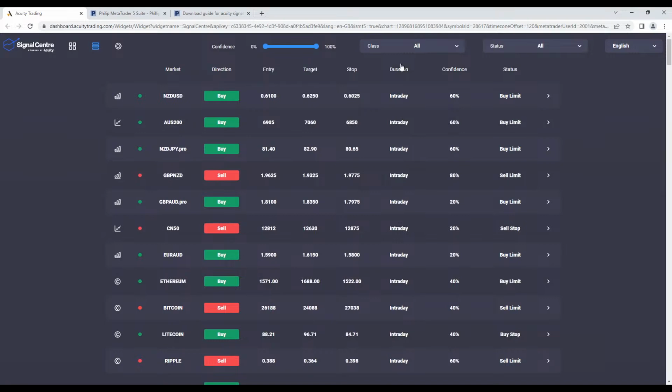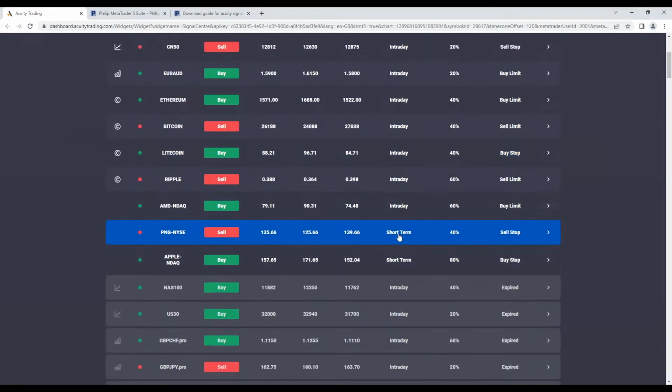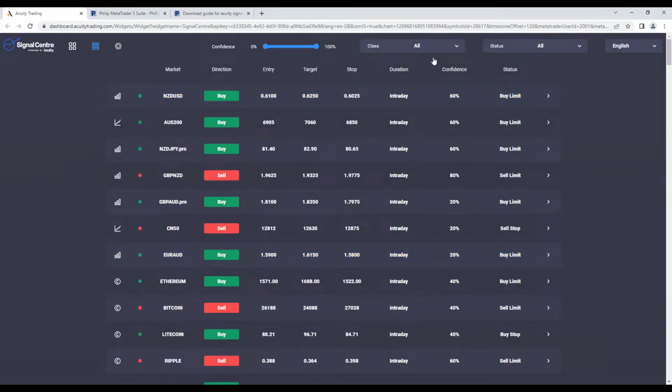The other type of duration is called short term. From what we have noticed, short term tends to be more on share CFD trade ideas. Short term ranges from a few days up to a few weeks, on a case by case basis. After that, you also have the confidence level. What does the confidence level mean?